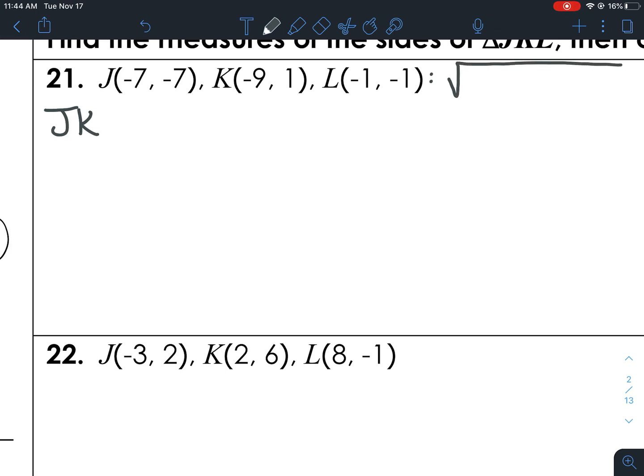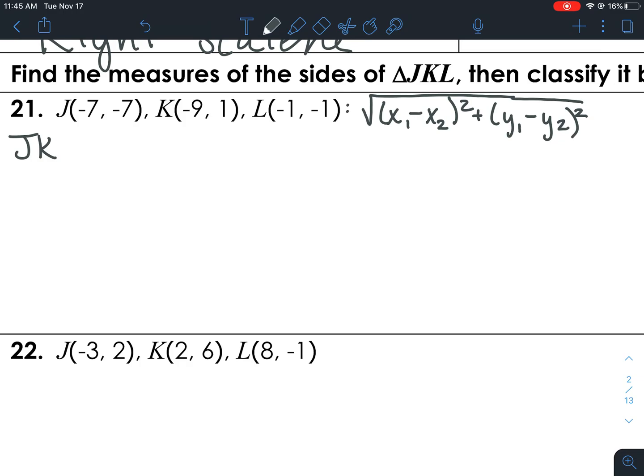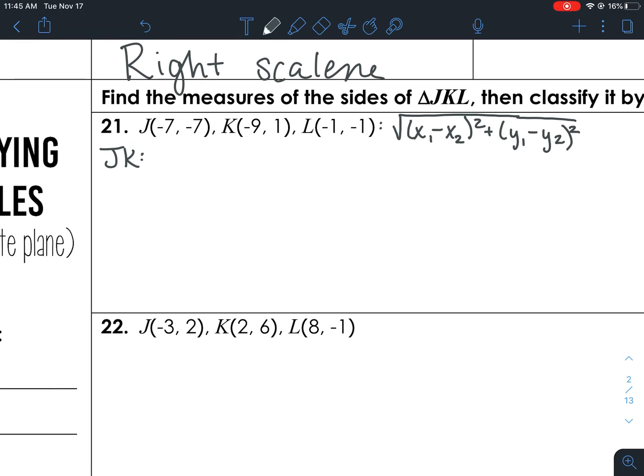We take our x's, doesn't matter which one, x1, and minus it from x2, square that. We add to that whatever one you did for your first one, we do for the second one. So y1 minus y2, and once again, we square that. Minus insides, add the outsides. So let's try JK here.